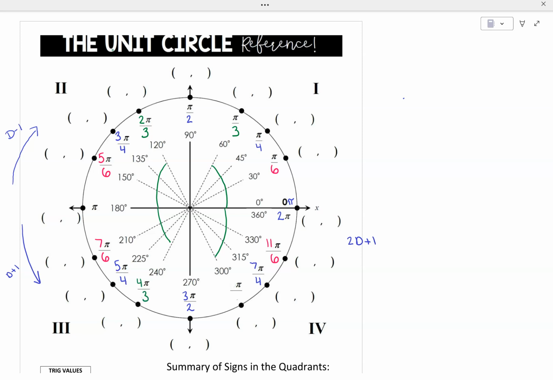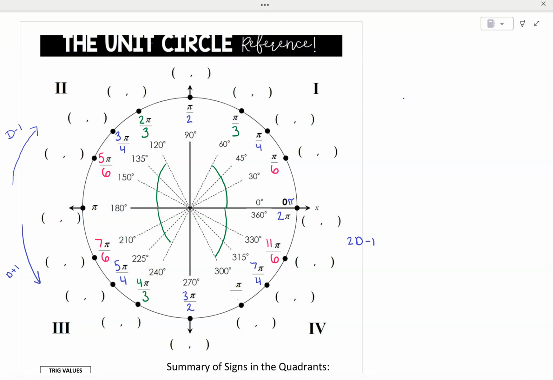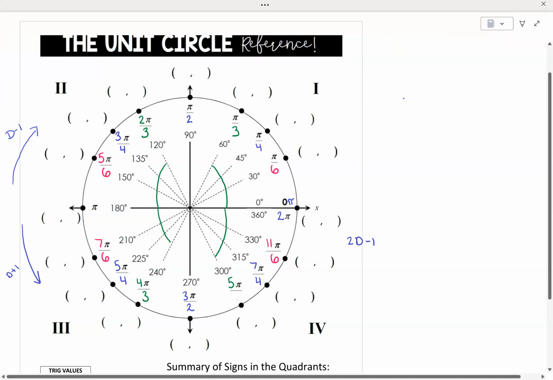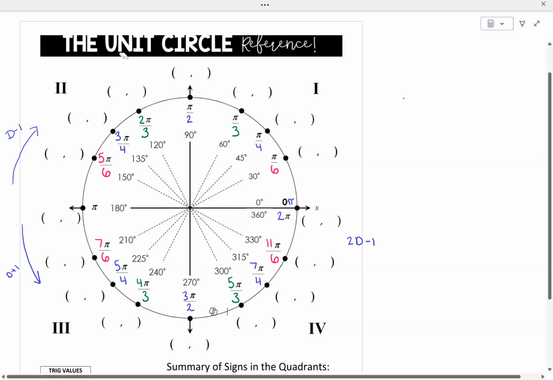And then fourth quadrant, we double the denominator, and then, oops, I wrote plus 1. It's a minus 1. I am so sorry. I was doing minus 1, but I accidentally wrote plus 1. So it's 2 times the denominator, so that would make 6, minus 1 is 5 pi over 3. Okay, so sorry about that, you guys.